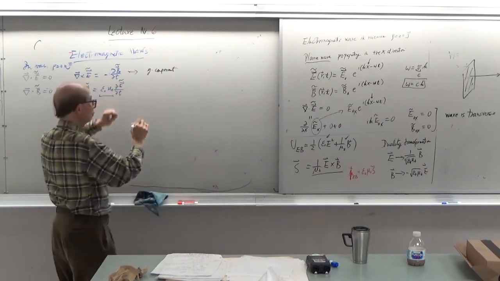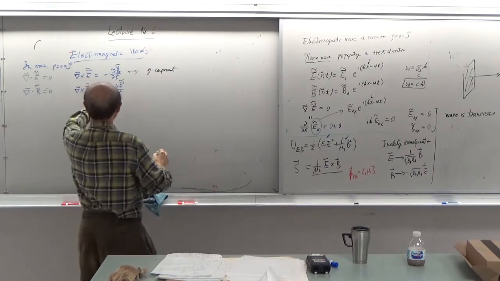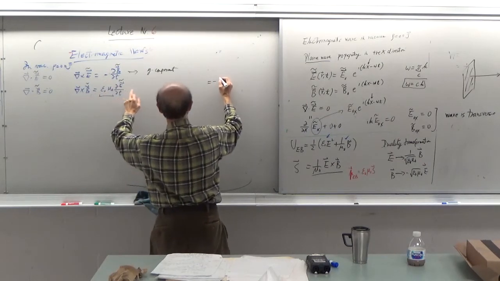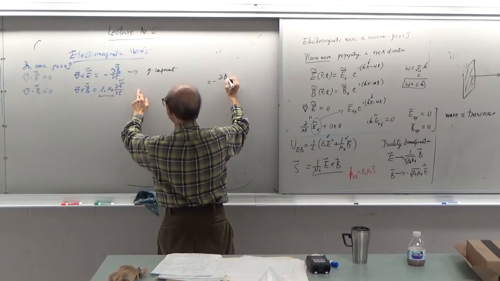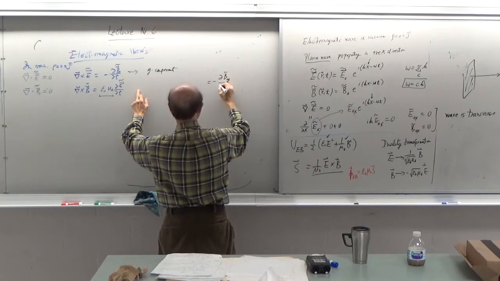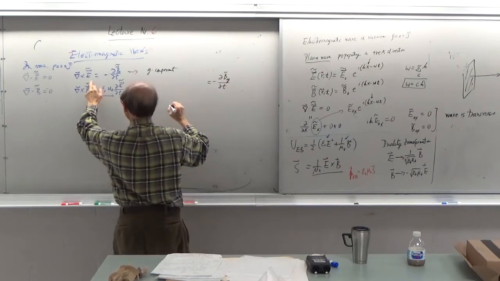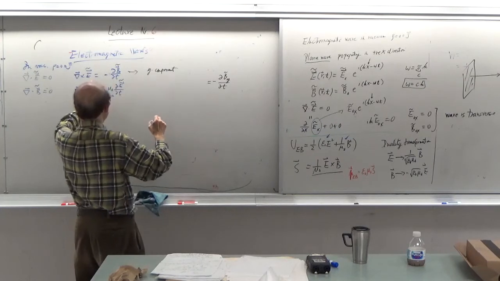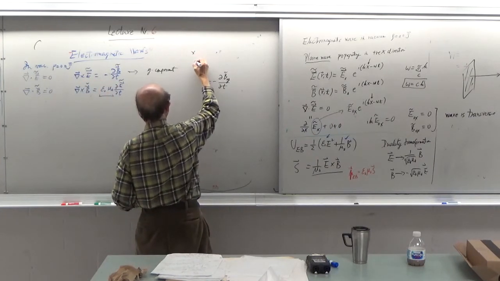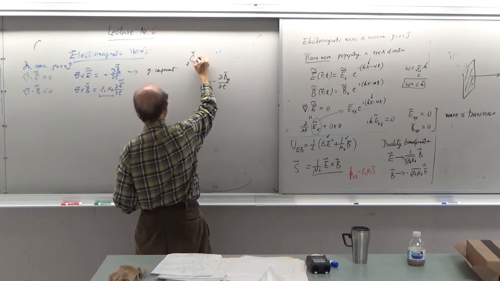of this equation. All right, the y component: the right side would be minus the y component of del B by del t. And the left hand side is the curl. So let me draw x, y, z.